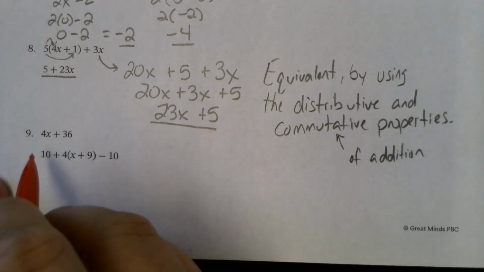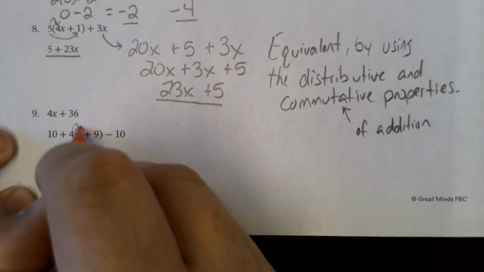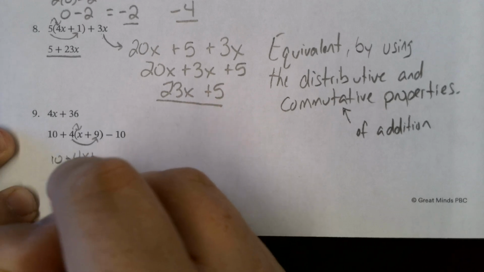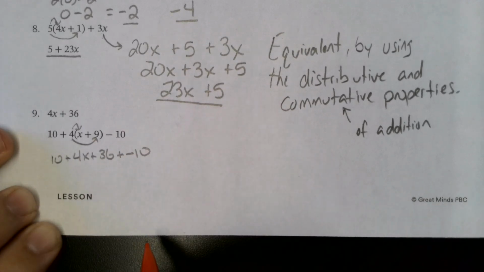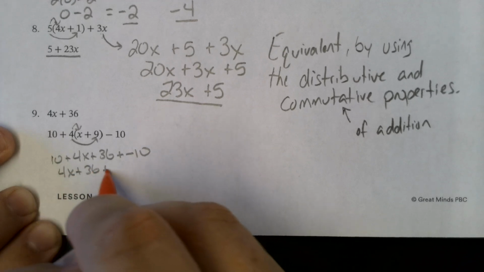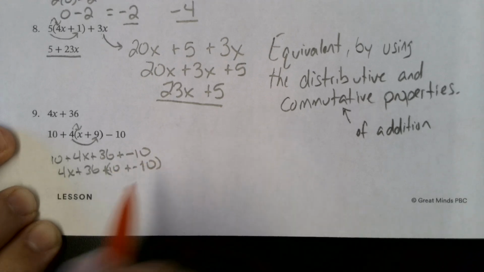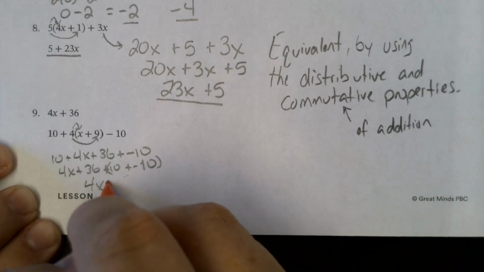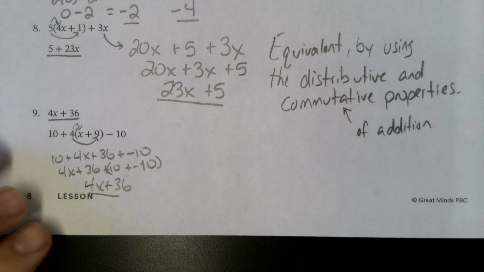And here we go, we have 4x plus 36, that's already simplified. So here we're going to distribute 10 plus 4x plus 36. That minus 10 becomes plus negative 10. If we reorder, and we group our inverses together, that equals 0. So 4x plus 36, which is the same for both.